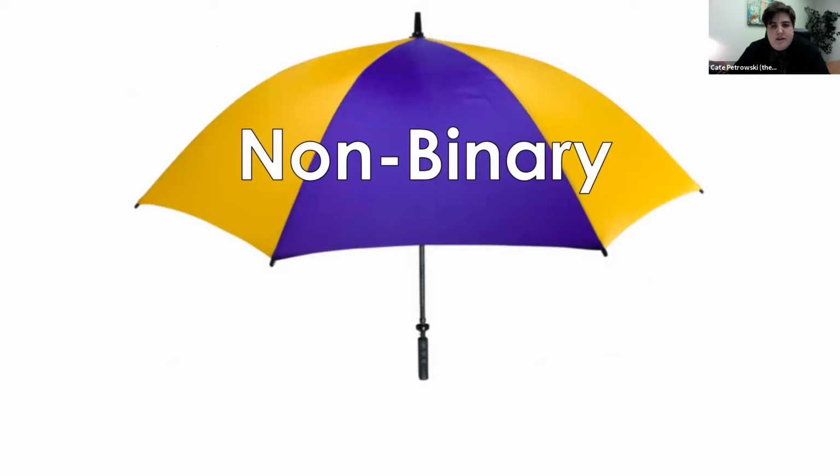So similar to the label queer, non-binary is also an umbrella term, and there's lots of different identities that can fall under that label. So you might have heard the term genderqueer. There's also agender, so that would be folks who just feel like they don't have a gender or don't identify with any gender.